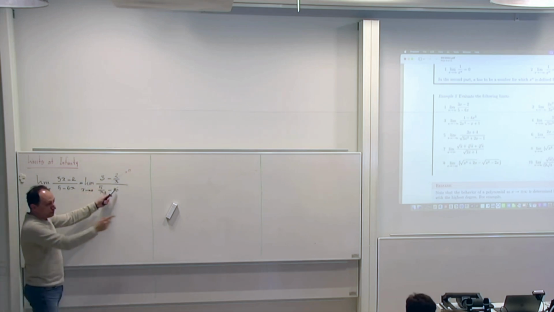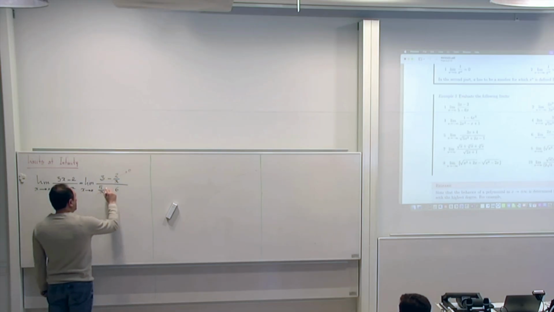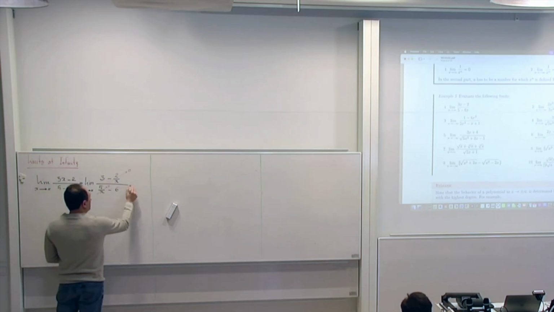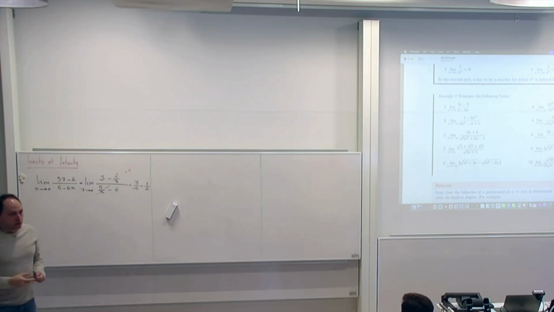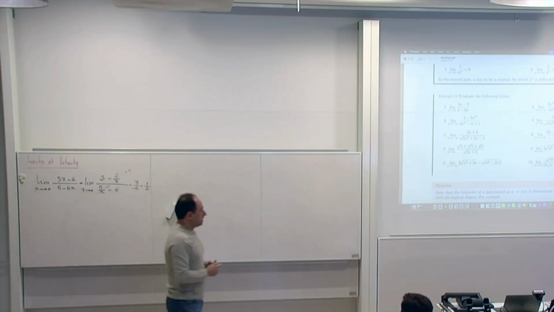So according to this theorem, nothing is left. In the limit it is 0. And this one is also 0. And then what is left for me is 3 over minus 6, which I can simplify as minus 1 over 2. So when x goes to infinity, dividing by some appropriate power of x is something that you need to know. Okay? So we will explain more.